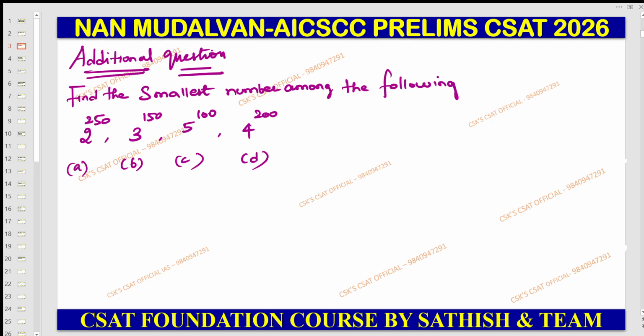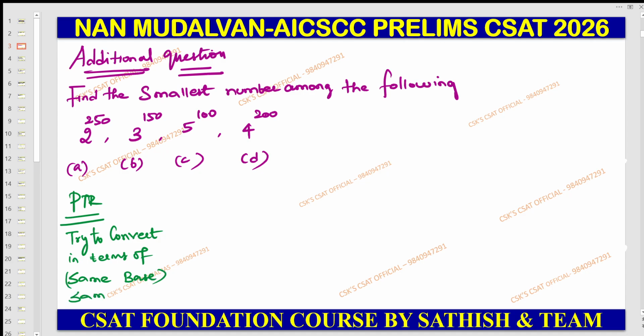First, let me give you PTR, points to remember. Always try to convert in terms of the same base, or always try to convert in terms of the same exponent, that is the power.